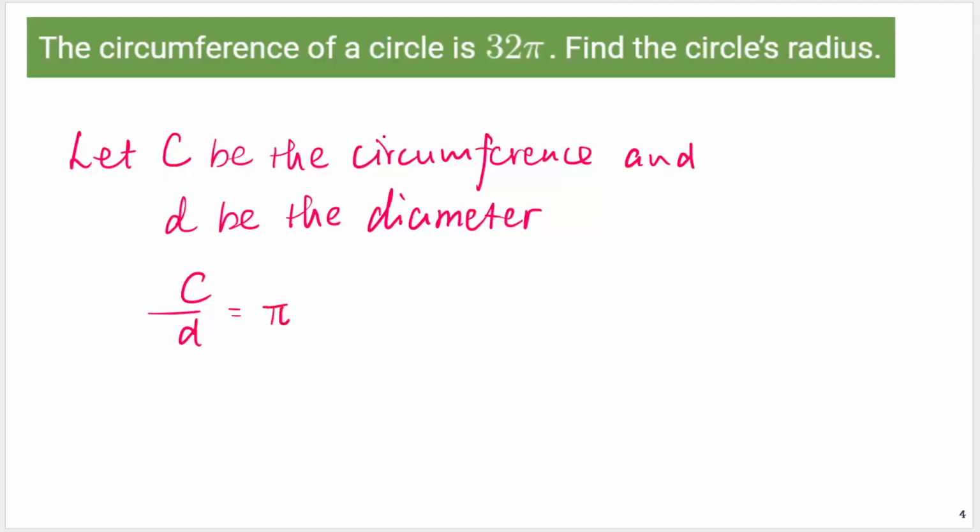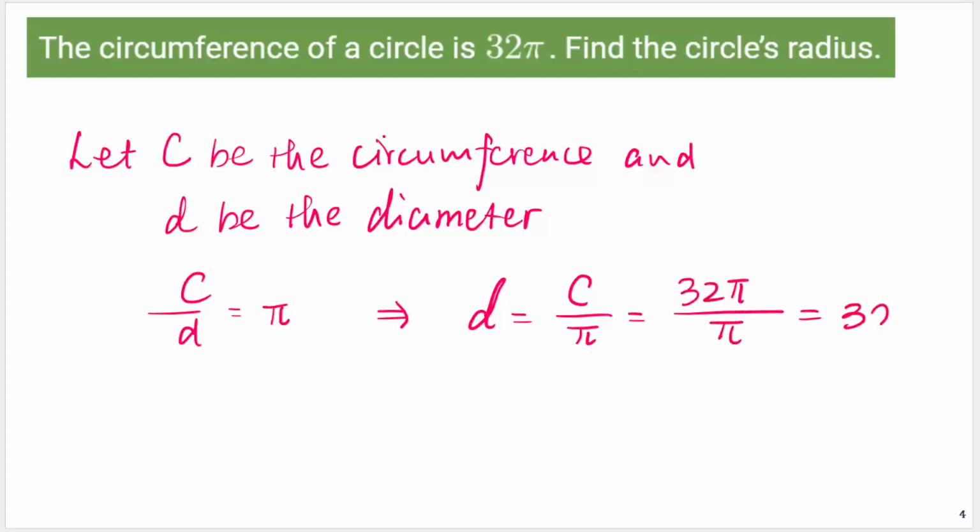That's the ratio between circumference to diameter. And of course, here we know the circumference, so D equals C over pi. In that case, C is 32 pi over pi, and this gives us 32, right?